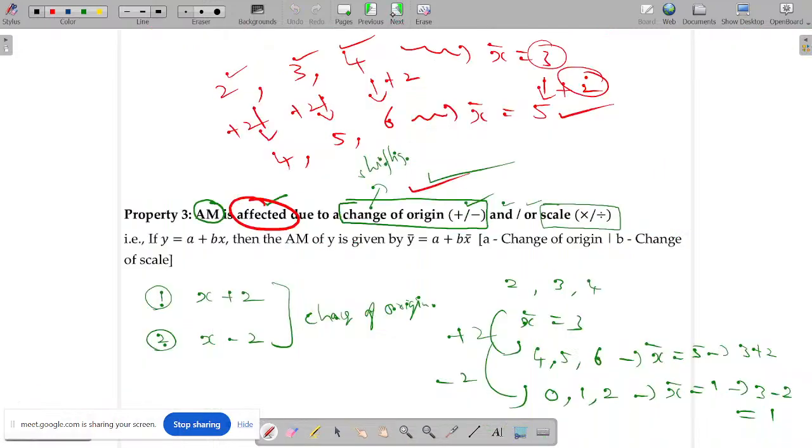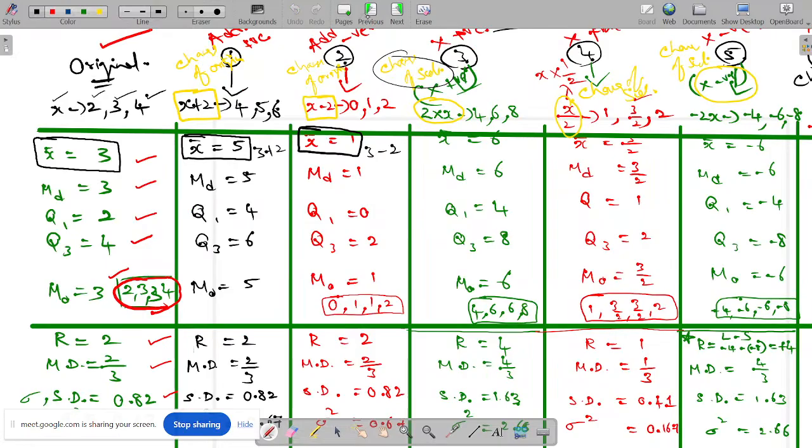Again, if you check the property, what it says is the mean is also affected by change of scale. So whenever you multiply the value, the x bar gets multiplied. Whenever you add the value, x bar gets added. So each and every change you make to the observation, x bar also gets changed. See what happens here? X bar. What's the value?